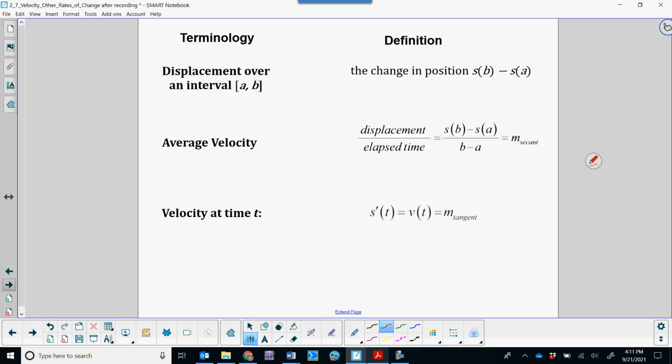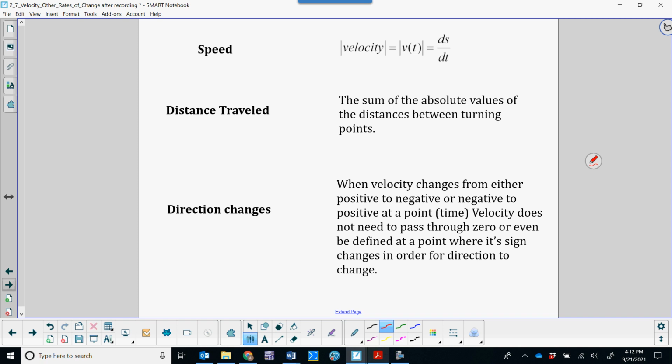Velocity is the derivative of the position equation, or the slope of the tangent line. Speed is the absolute value of velocity, which is ds/dt, the derivative of the position equation with respect to time. The distance traveled is the sum of the absolute values of all the distances between turning points.